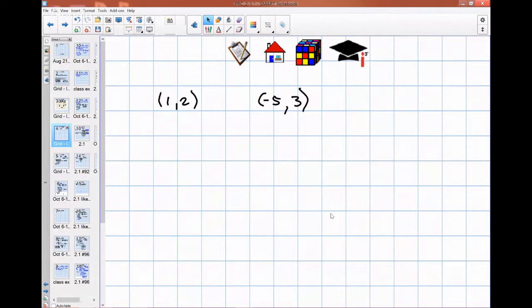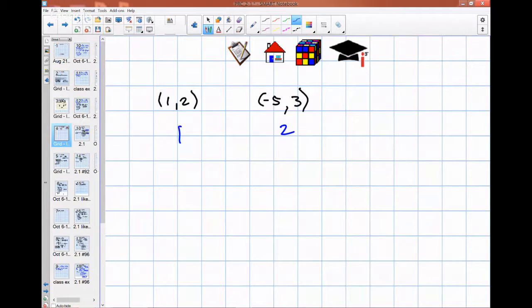Given these 2 points, find the slope of the line that connects them. As you well know, if you have 2 points, there's only one line that can connect them. 2 points determine the line. You were taught that probably in geometry class. By the way, it doesn't matter which you call point 2 and which you call point 1.